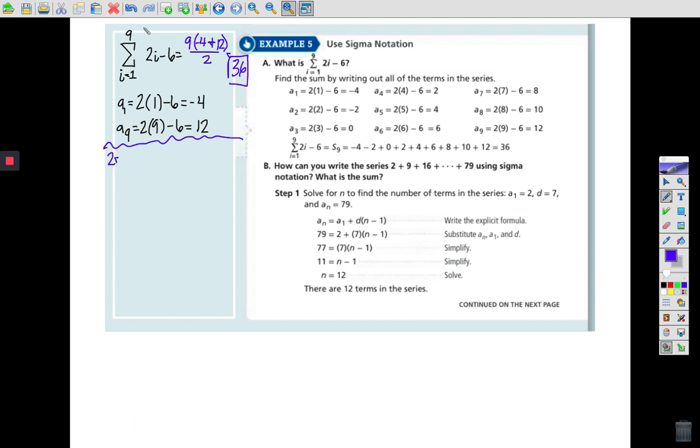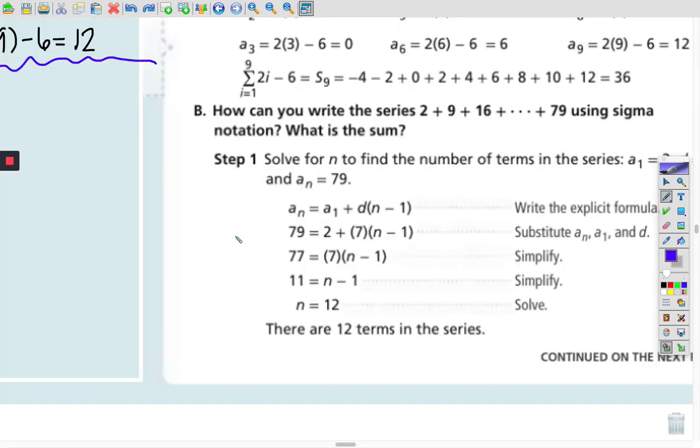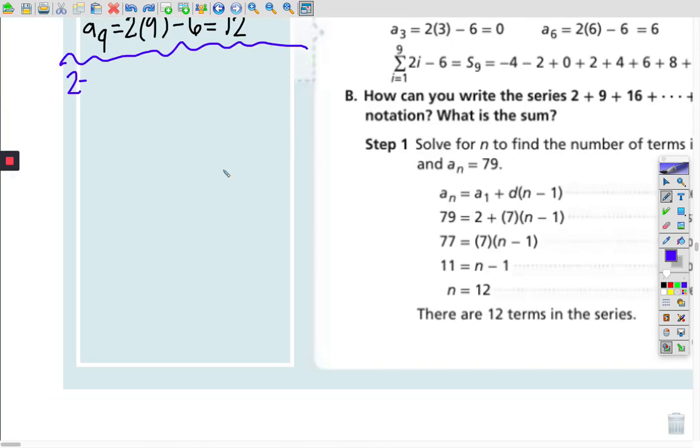But I've got 2 plus 9 plus 16 plus dot, dot, dot. We don't know what all those numbers are or how many are in those dots, plus 79. They want us to write the series using sigma notation, and then they also want us to figure out what the sum of that is.